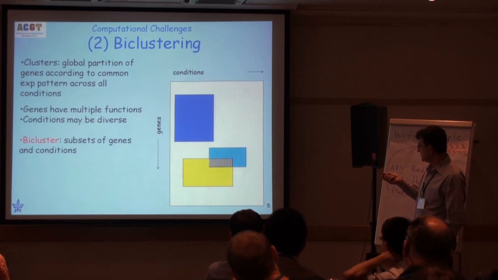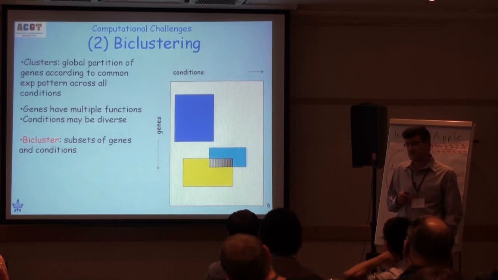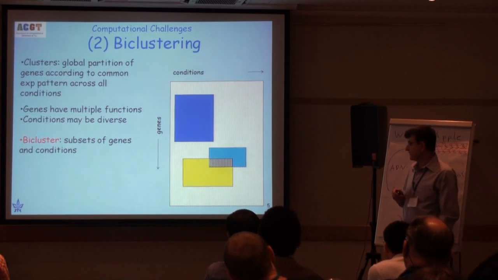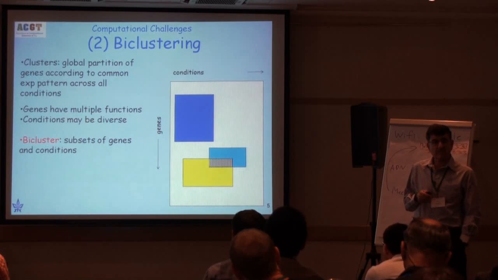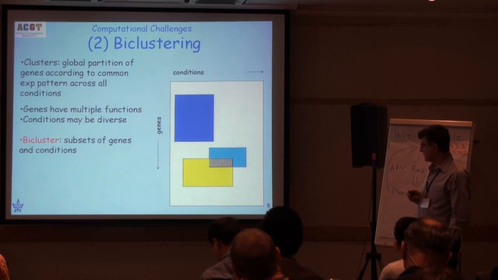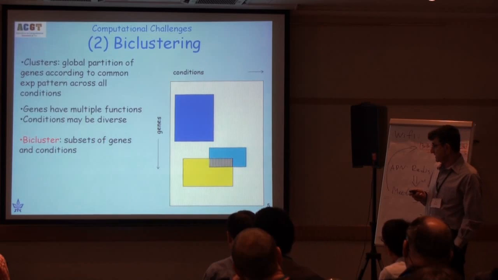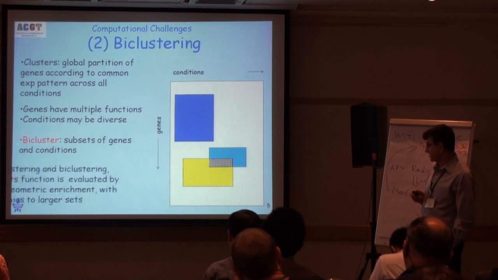So not across all the pattern, but only on the subset. And this on one hand gives a richer set of possible solutions, but on the other hand, one has to be even more careful in terms of the statistics because the space is much larger.